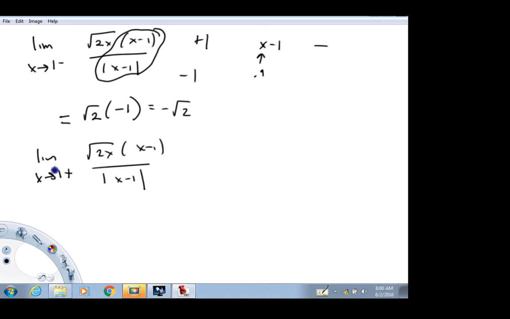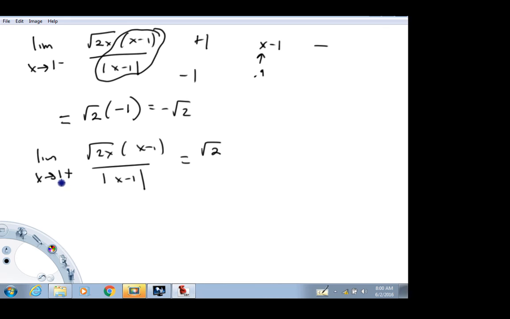We're now going to take the limit as we approach 1 from the right. Now, as we approach from the right, if I put a 1 right here, this just becomes square root of 2, just like it did before. This is going to 0 again.